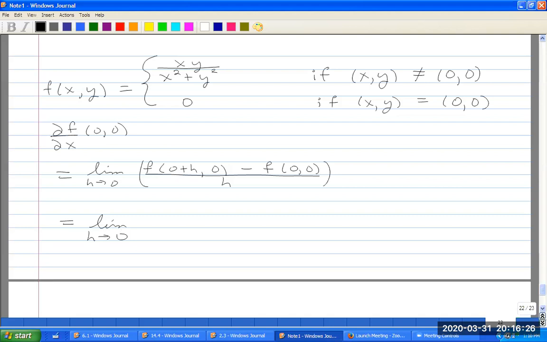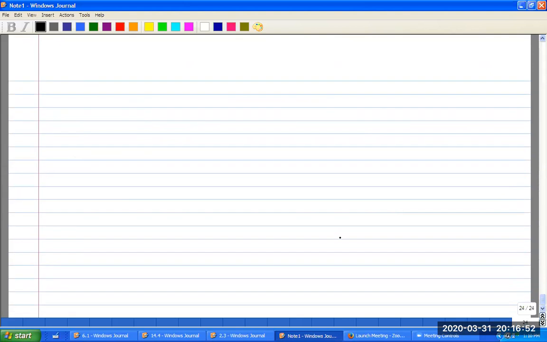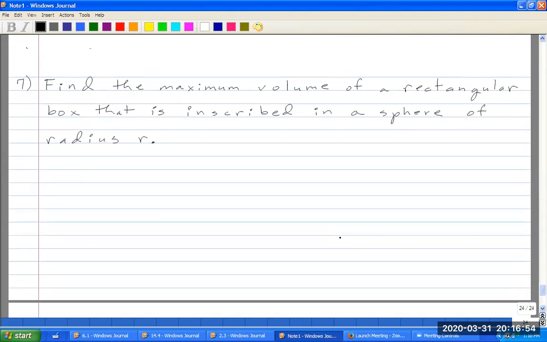Plug in h, 0, and f of 0, 0, all over h. Well, each of these are going to be 0.